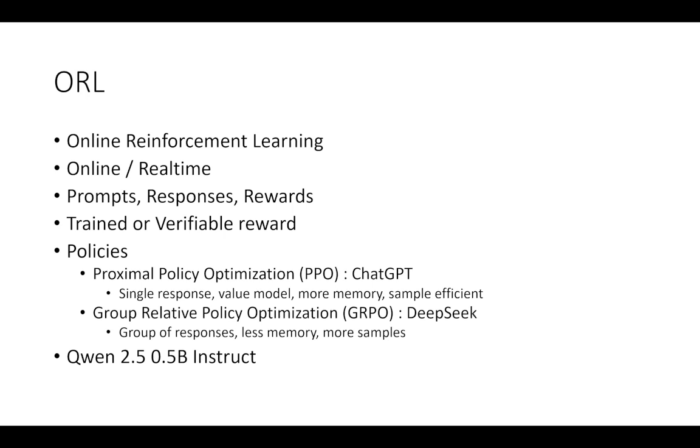Instead of a single response, you are dealing with a group of responses. It requires less memory, but it requires more samples. Again, for the example we need to use an instruct model, so we are going to use a very small 0.5 billion parameter Qwen 2.5 instruct model for our hands-on.